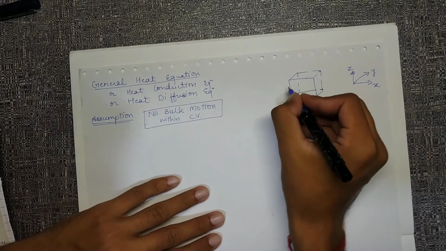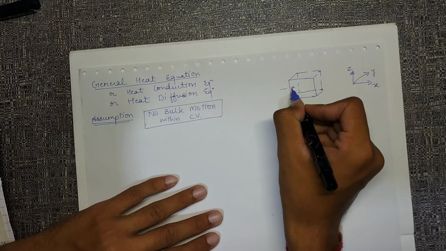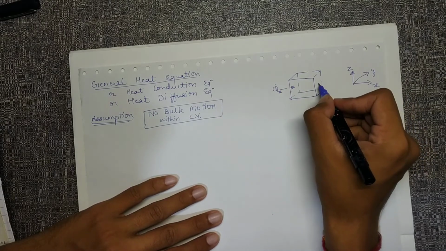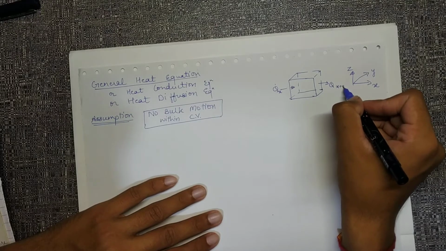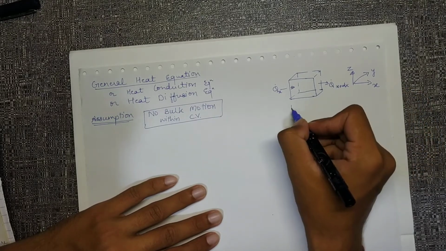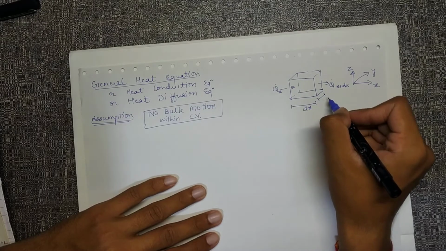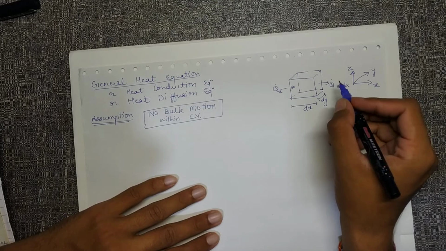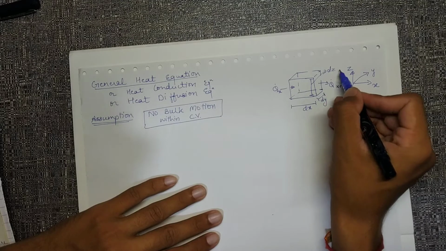Whatever heat rate is coming in from that face is called qx. Whatever is coming out over here is called qx plus dx. So this length is dx, this breadth is dy, and this height is dz.